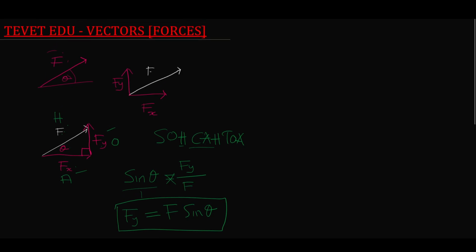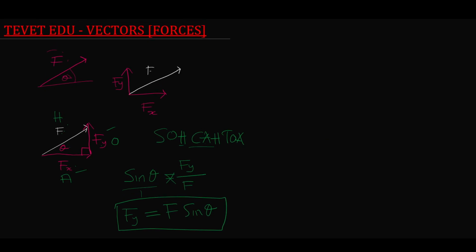So this is important because it enables us to add the forces whenever they are acting at different angles other than 90 degrees, 270 degrees, 180, or 0 degrees. For example, if you have a body that is being acted on by forces. So this one is at an angle theta, and we have the horizontal there, and we have another force at angle alpha.